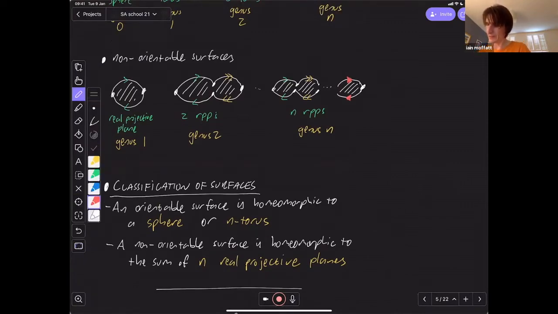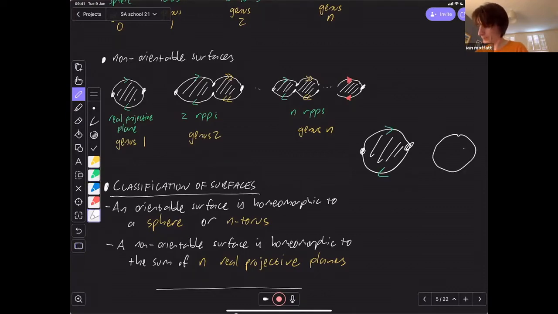And really the best idea, so the drawing I've got here is quite misleading. So the idea is really that I'm just going to take any two surfaces. So I could take my two real projective planes. Well, let's take a real projective plane and a torus, like so.